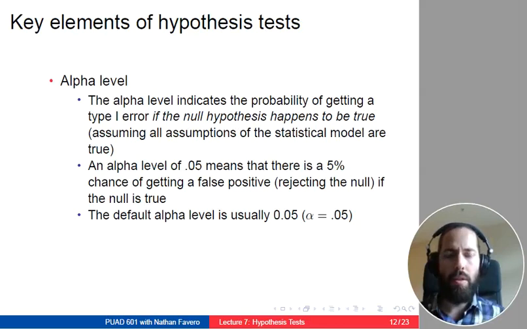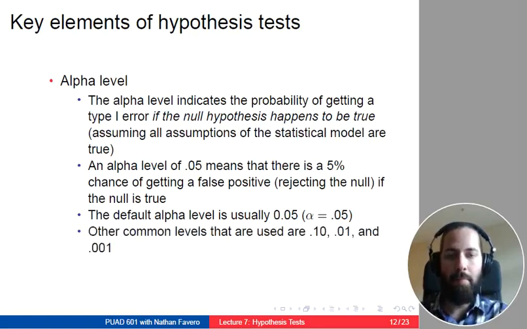But I do want you to know that there's a trade-off that we're facing, and I want you to be able to pick out the difference between a type 1 error and a type 2 error, just like I want you to be able to pick out the difference between a one-sided and a two-sided hypothesis test, even though I'm not going to expect you to necessarily make that choice a lot in this class.